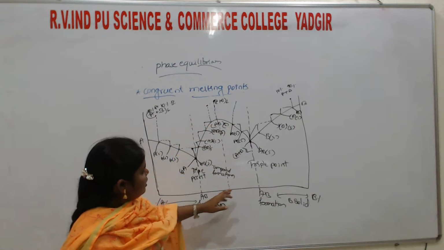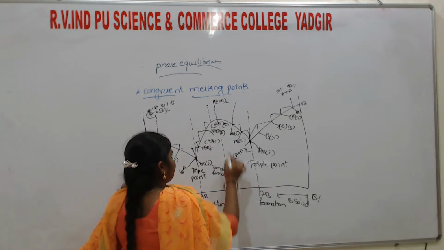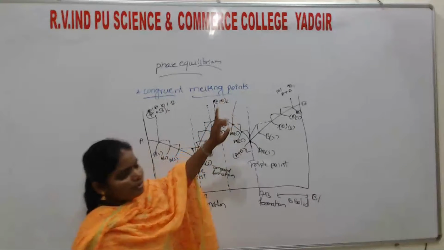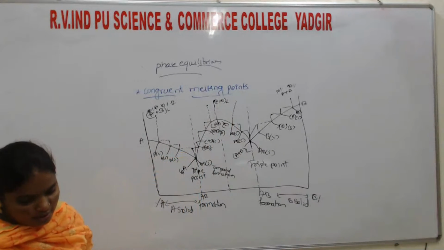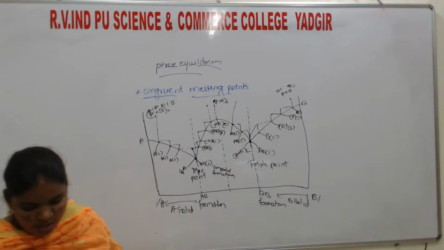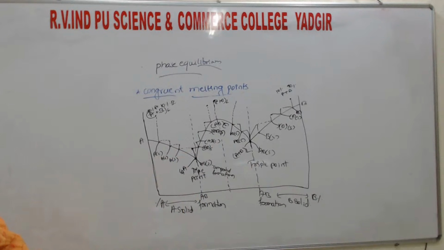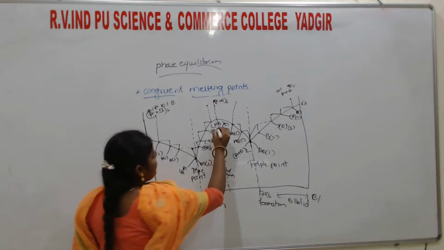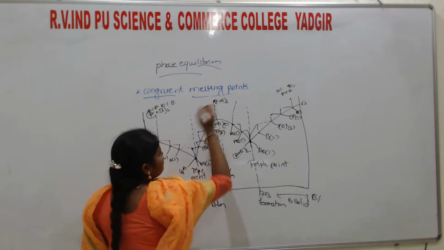First, in a particular composition, A plus B is in liquid state. Only here is AB present as a solid and AB as a liquid.